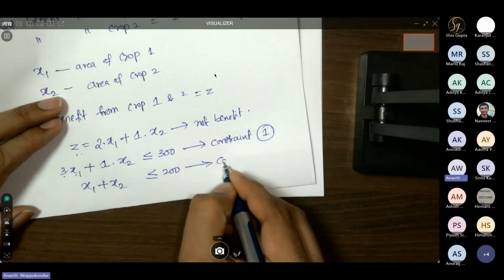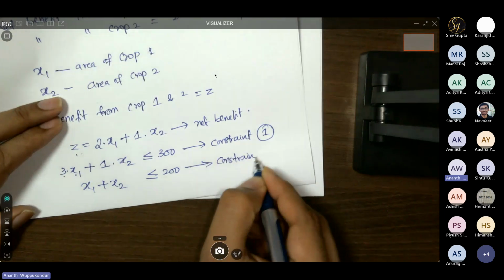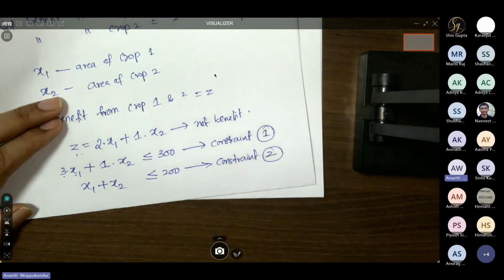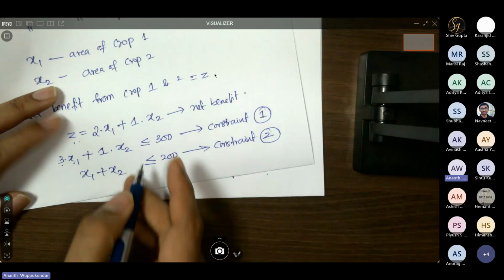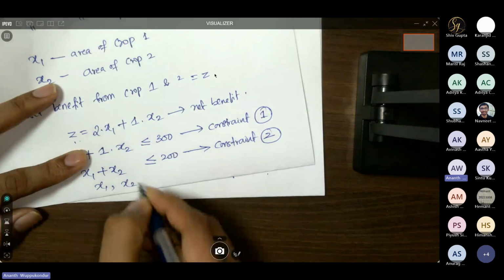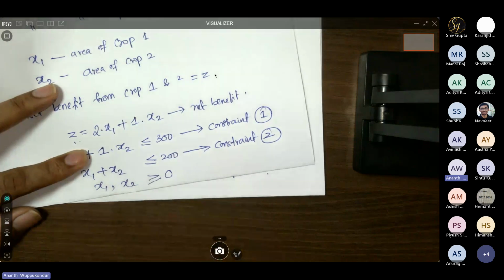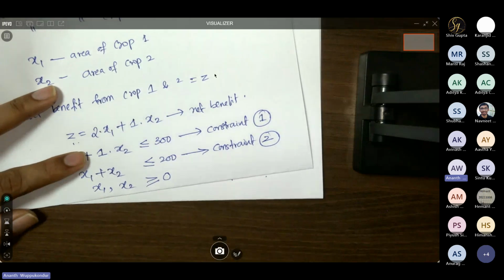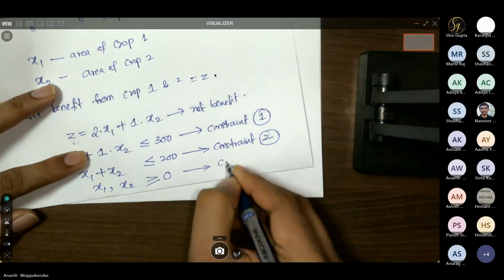So this is our constraint 2. And we also have one more constraint, that both x1 and x2 should always be more than or equal to 0. The area cannot be negative, so the area has to always be positive. So this is our constraint 3.